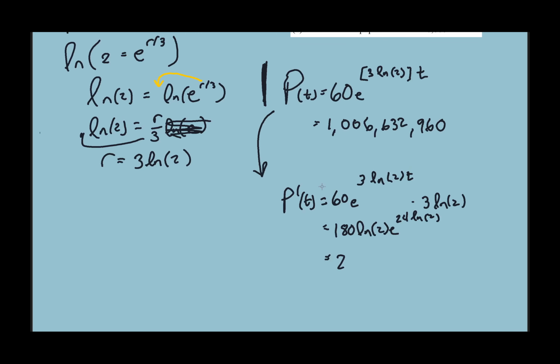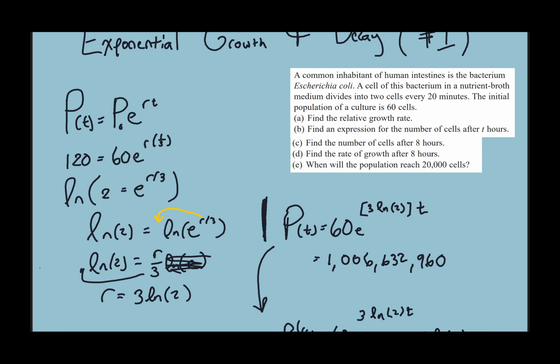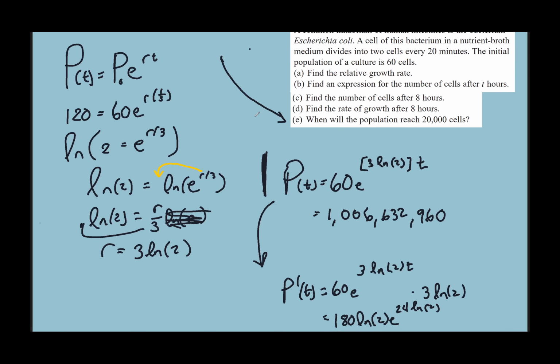So let's back this up a little bit because I want to move to the next part where it says, when will the population reach 20,000 cells? Well, population, that goes back to our original formula. So let's bring that in.